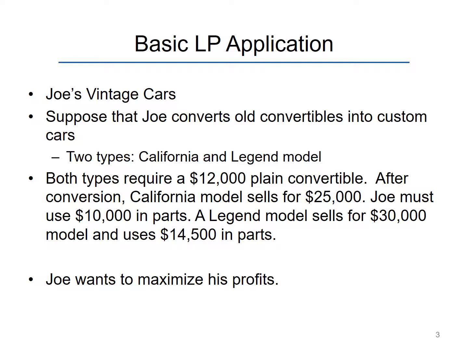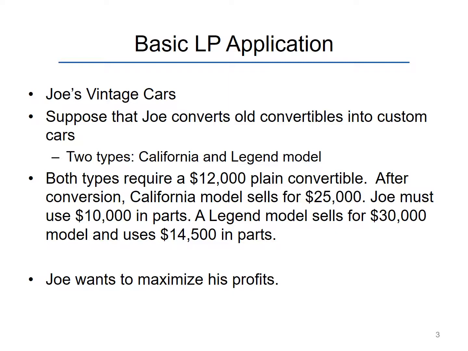Let's say there's a shop called Joe's Vintage Cars, and Joe's business is converting old convertibles into custom cars, and he only produces two types of products. The California model, so these are customized convertibles. Both types require a $12,000 plain convertible, some old convertible they then convert into either a California or a Legend model.